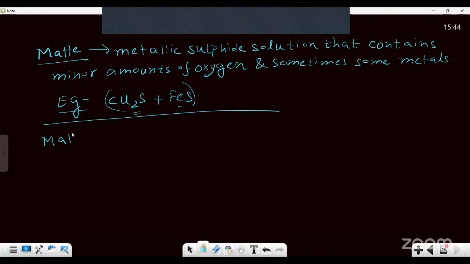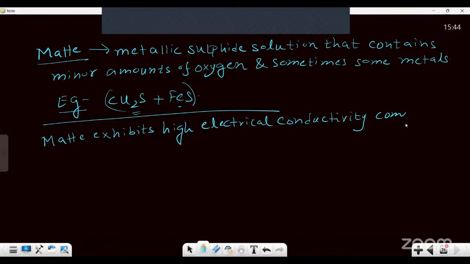A matte exhibits high electrical conductivity compared to that of a metal.